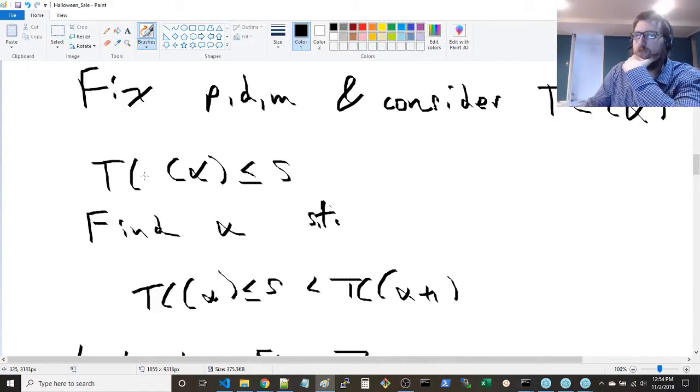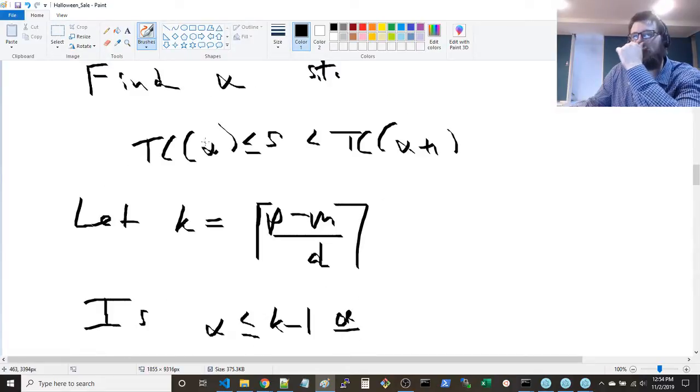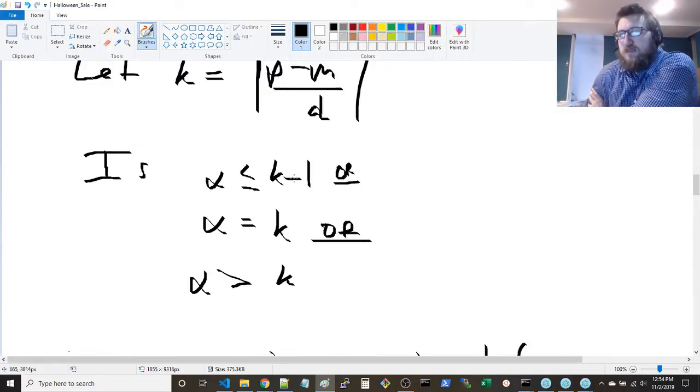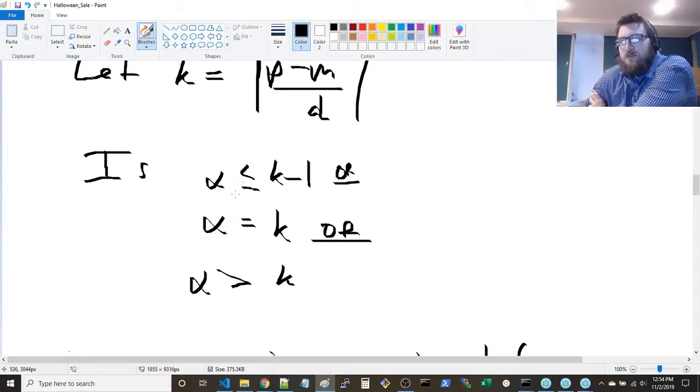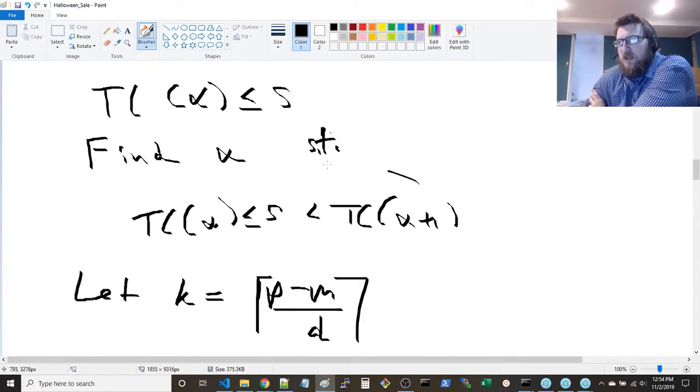We want to find alpha using this piecewise function. There are three cases to consider: when alpha is less than or equal to k minus 1, or when alpha is equal to k, or when alpha is greater than k. In these three different scenarios, we have different possibilities. So when alpha is less than or equal to k minus 1, we're looking at this instance.